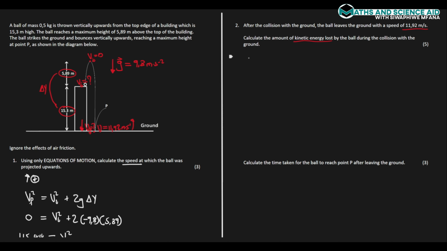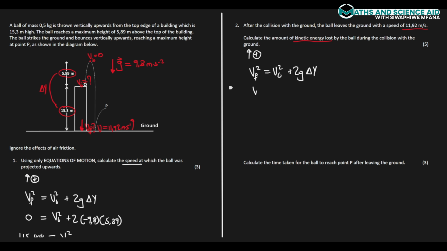And likewise, we are going to indicate our positive direction, and it's always advisable to remain consistent with the same direction. As I have said, our equation will be Vf squared is equal to Vi squared plus 2g delta y.